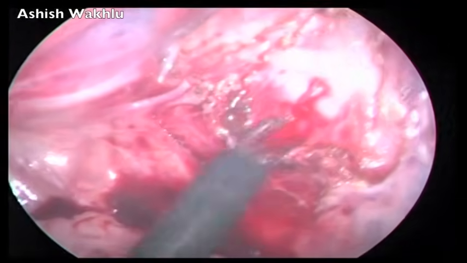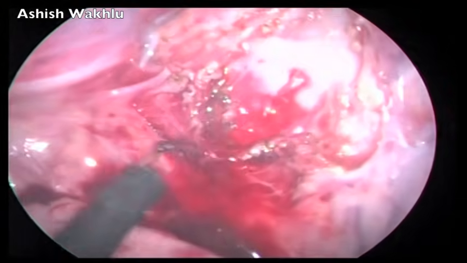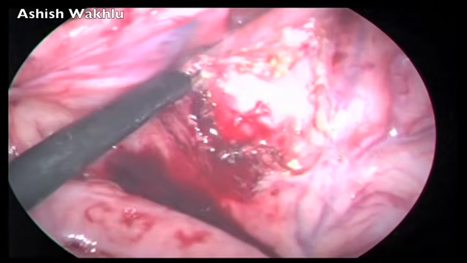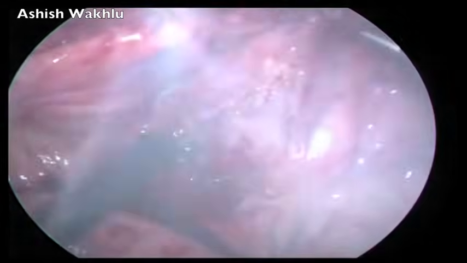Because of the bowel dilatation, the mesentery is also thick, and therefore a lot of dissection is required to get across it to the other side.